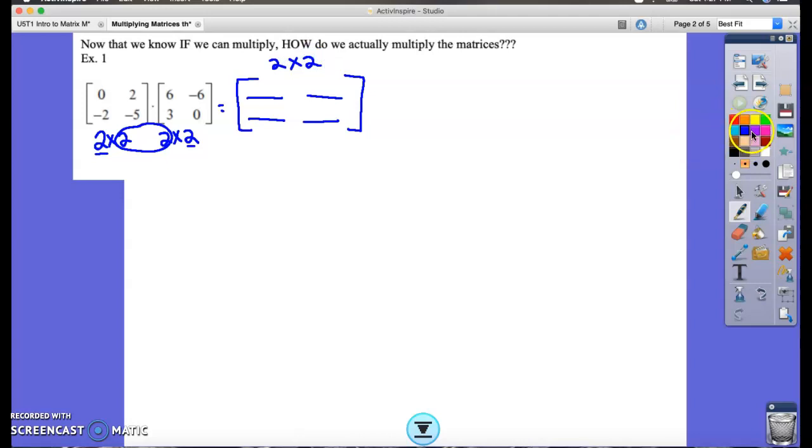Now, the way that this is going to work is I am going to be using all rows from the first matrix. This row, and I'm going to change it to another color. Let's make it yellow. That was kind of hard to see. I'm glad I made it so light. And I'm going to be using all columns from the second.